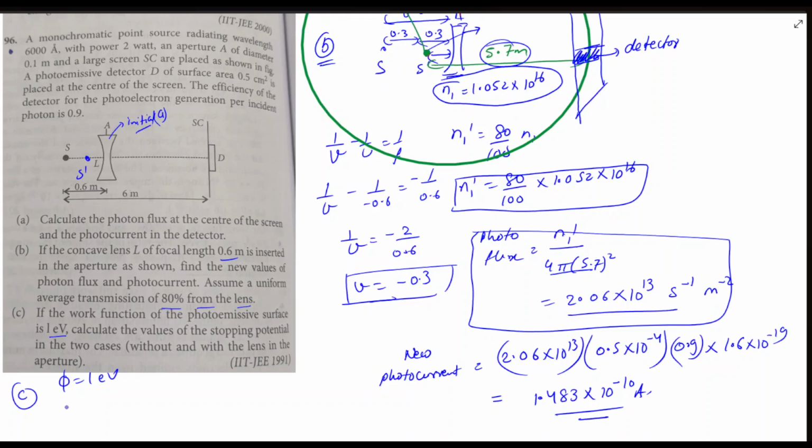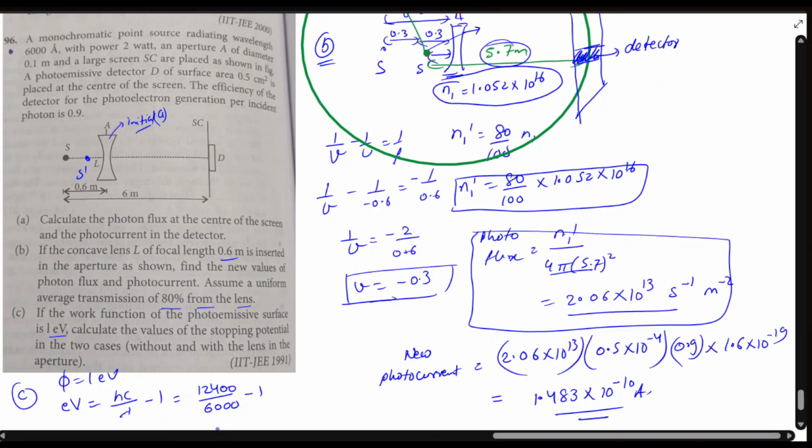So we can find the stopping potential as, sorry, EV will be equals to HC by lambda minus 1. So HC by lambda, it will be 12400 divided by 6000 minus 1. So if I calculate this, 12400 divided by 6000, it will be 2.07 minus 1, so it will be 1.07.